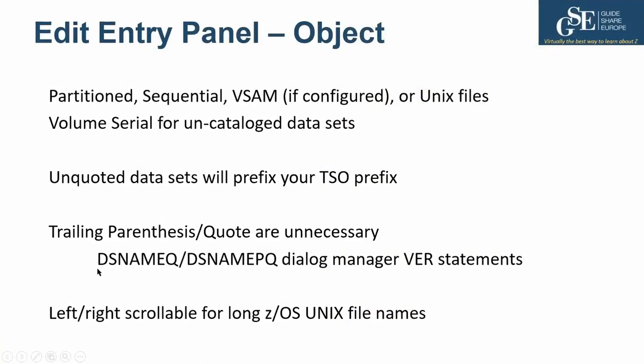If you are a dialog manager writer, you can use these verification statements instead of a normal DS name to have that feature kicked in. So anytime you don't have a quoted data set, it's going to add your TSO prefix, assuming you're not running without a prefix.